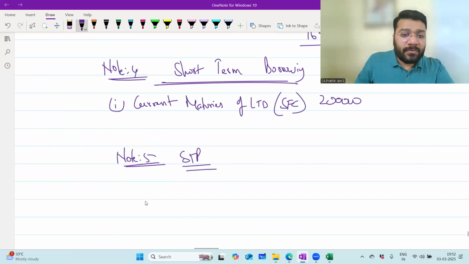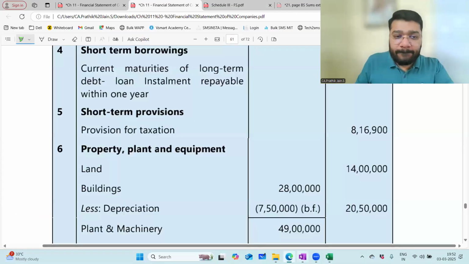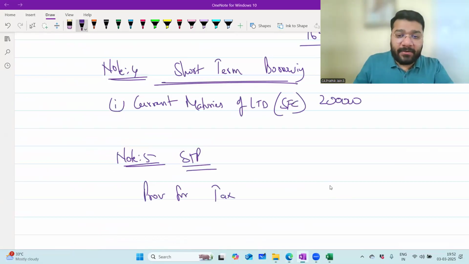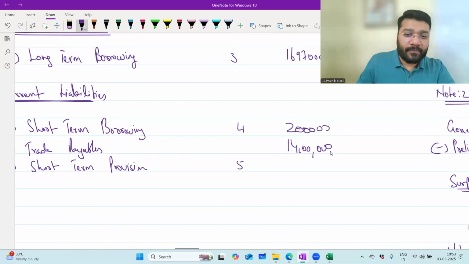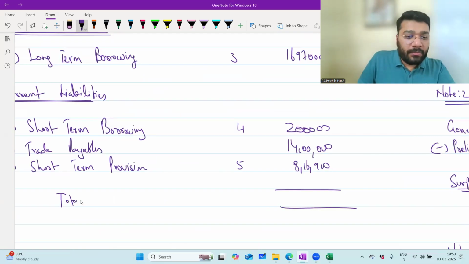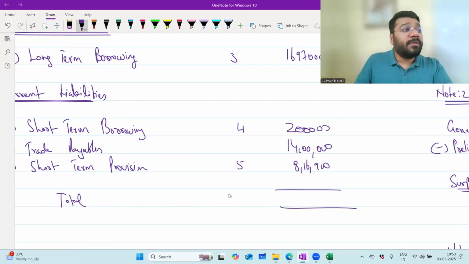Short-term provision for tax. How much is it? 8,69,900. 8,16,900. Total, please. 1 crore. See, you can leave the note. You don't have to write the note for this.